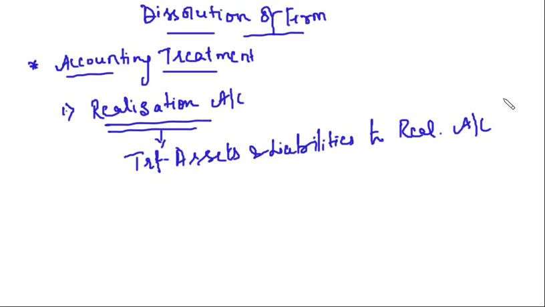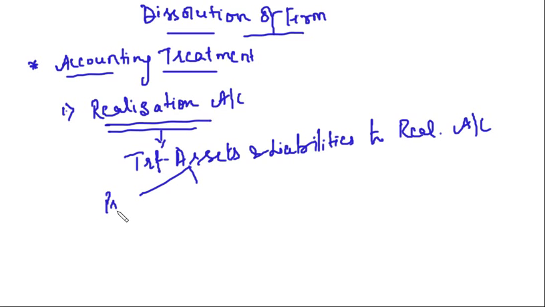Then we discussed a few points to be remembered while treating the assets. If there is any provision relating to an asset appearing in the books, that provision will also be transferred to the realization account.